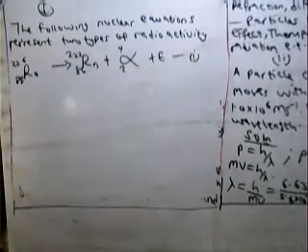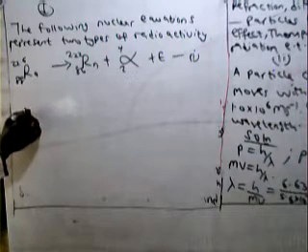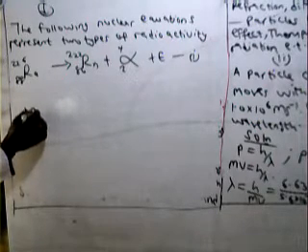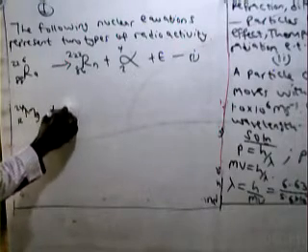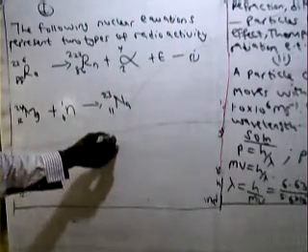It is equation 1. While the second one is magnesium 24, 12, plus neutron 1, 0, giving us sodium 23, 11, plus proton 1, 1, plus energy. Equation 2.